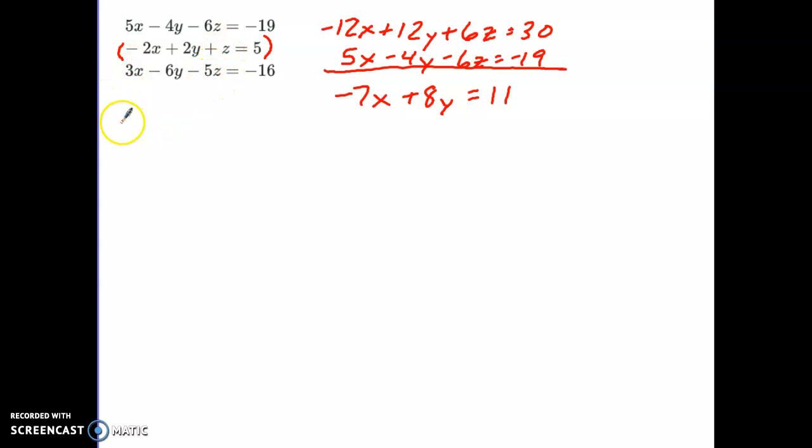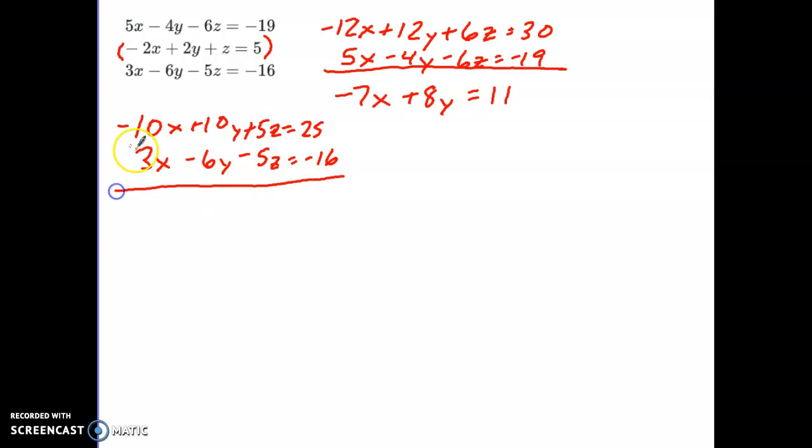So if I multiply by 5, I get negative 10x plus 10y plus 5z equals 25. And if I combine it with this bottom equation, I get a negative 7x, a positive 4y, and it equals 9.